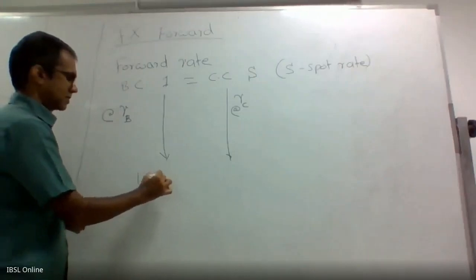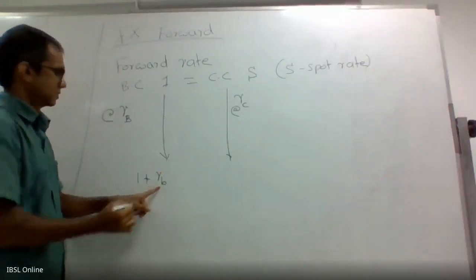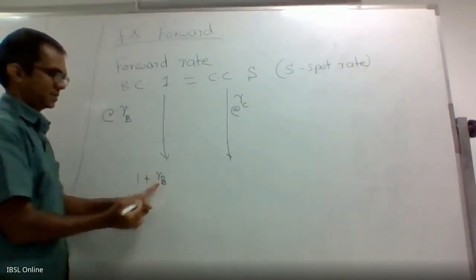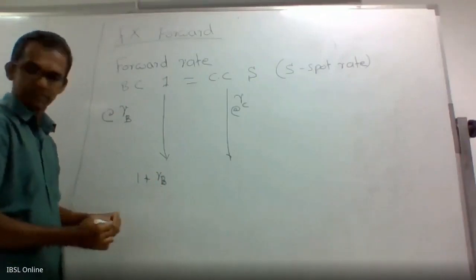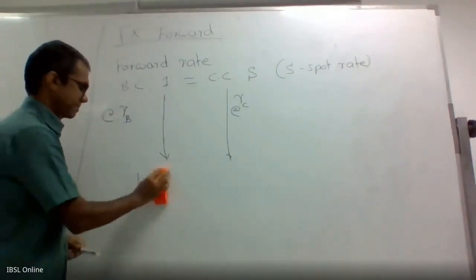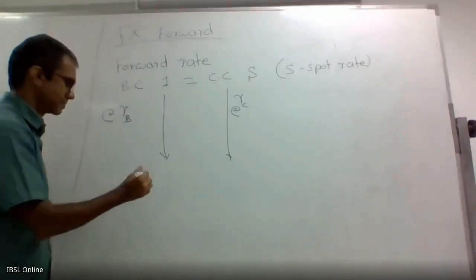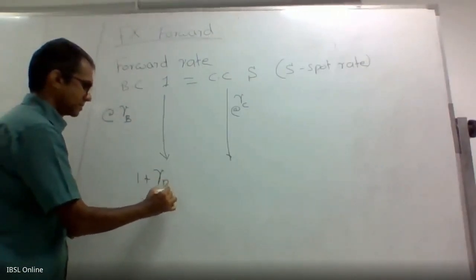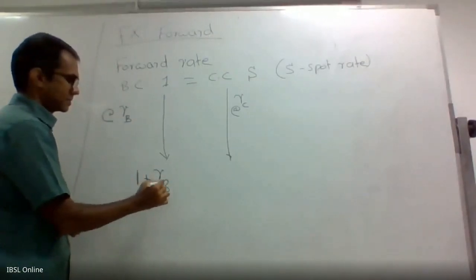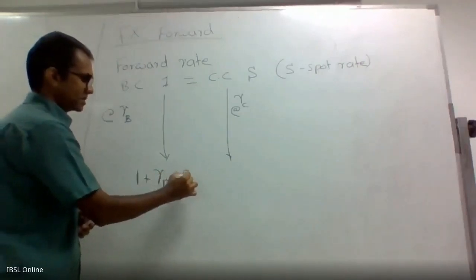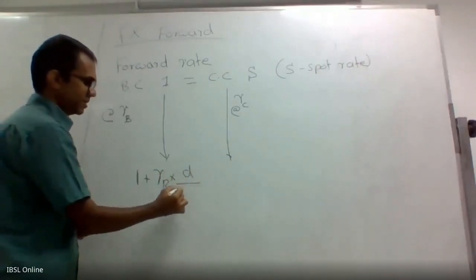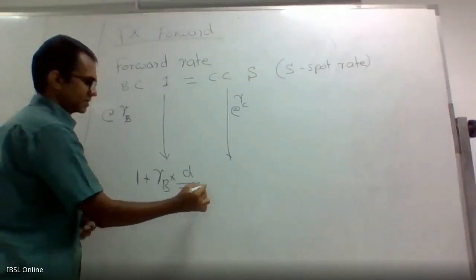What could be the figures? 1 plus RB, the interest rate of the base currency, into number of days divided by 360.